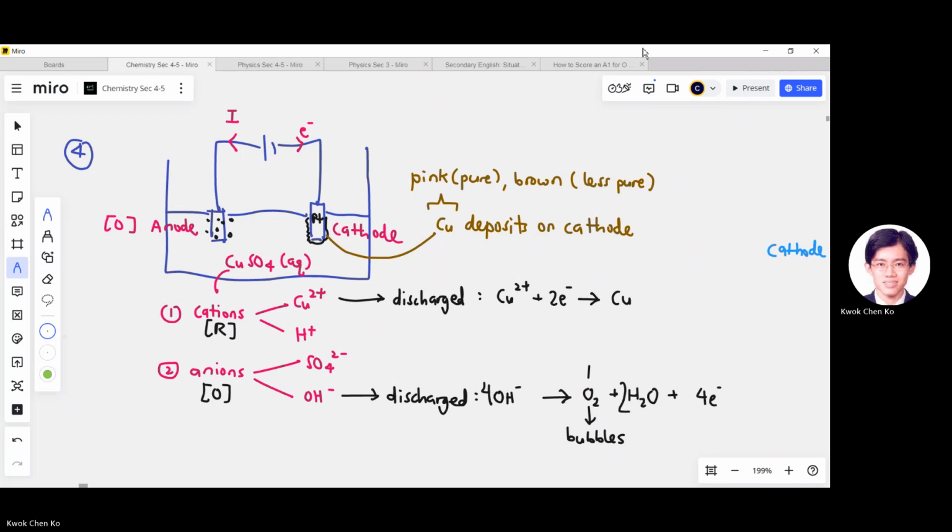However, sometimes your question also tells you this: the deposit may get too heavy and drop to the bottom of the container. So sometimes your question will tell you to see some sediment at the bottom.